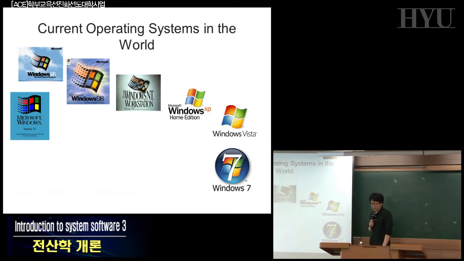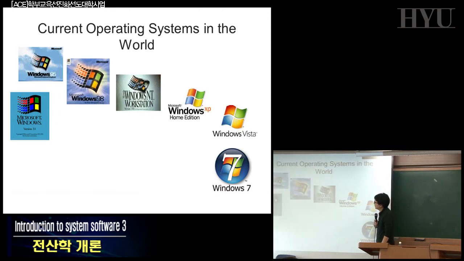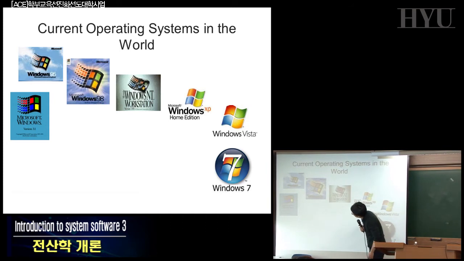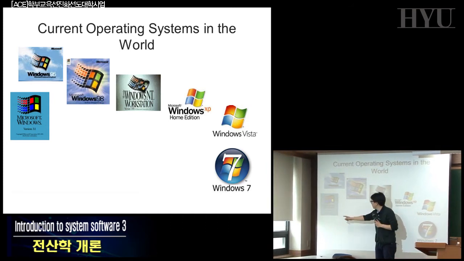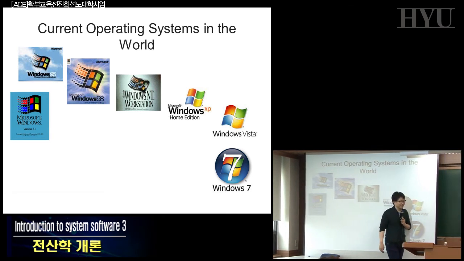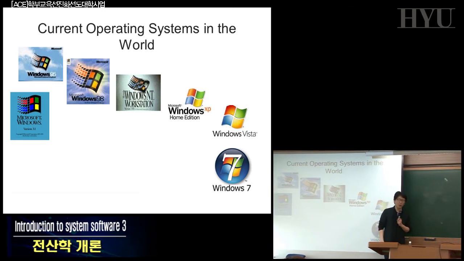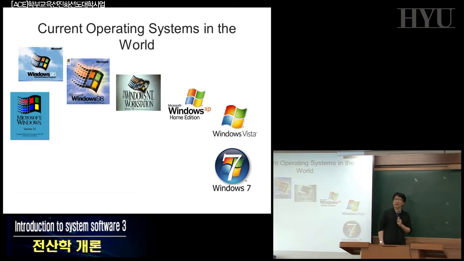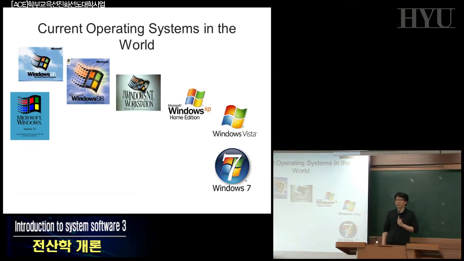Current operating systems in the world. Easy examples: how many of you have seen Windows 3.1? Have you seen this? Do you know what 3.1 looked like? Probably not. It was before you were born. Those born in 95? Before you were born.